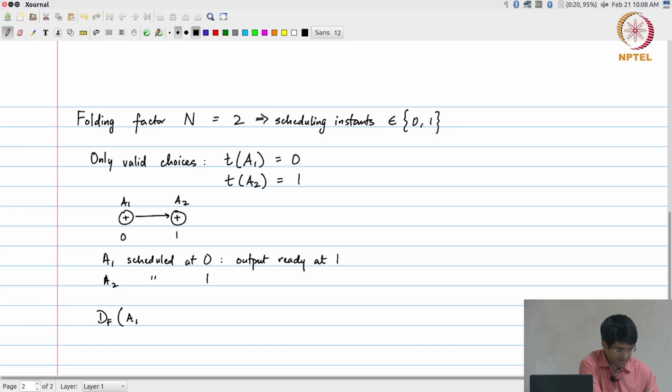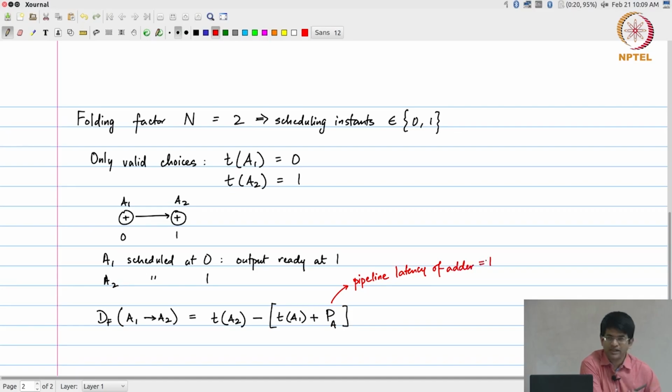And in this case, the df from A1 to A2 I define as the time when A2 is scheduled minus the time when A1 finishes, right, where this PA is the pipeline latency of an adder, which is equal to 1 time unit, right.